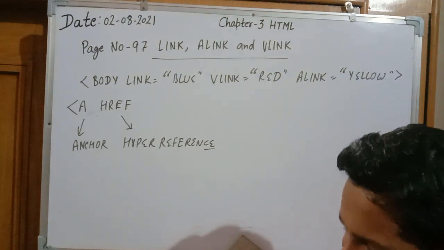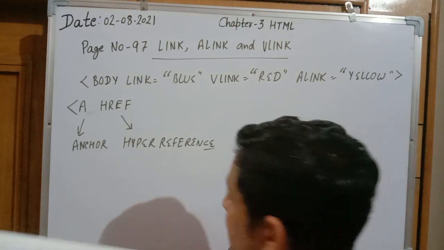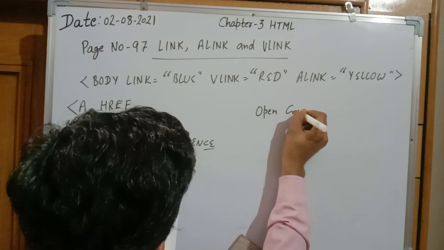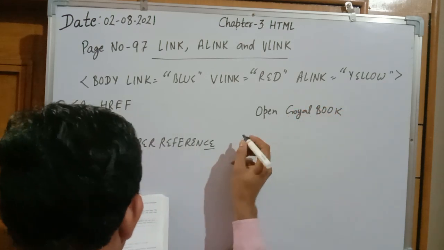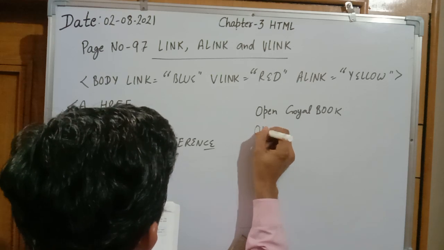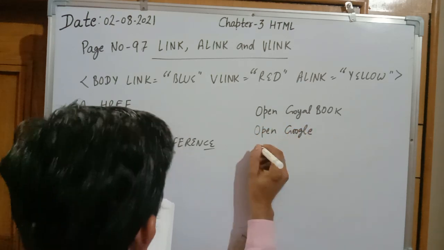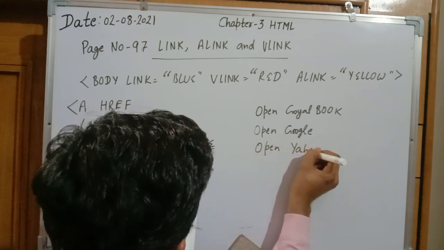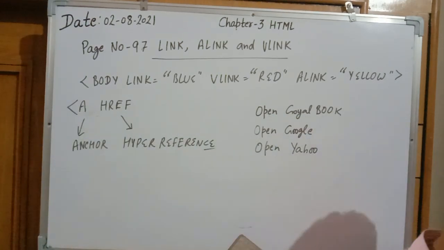Now see the output. When you run this program, the first link will become Open Goel book link. The second is Open Google, and the third link is Open Yahoo. Now see what will be the effect. Three links are there.